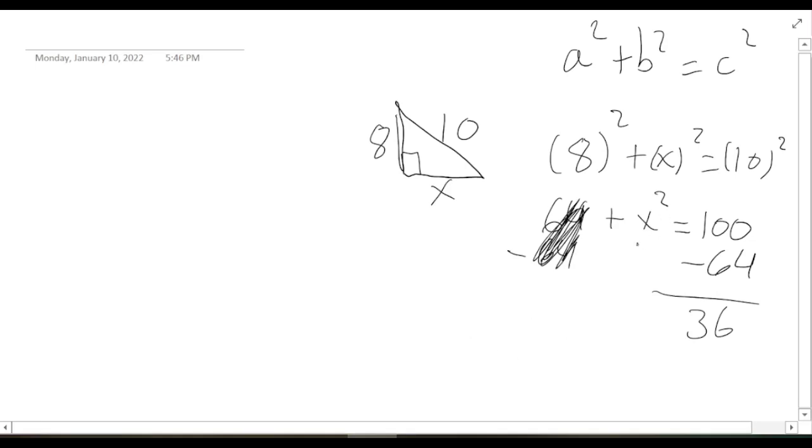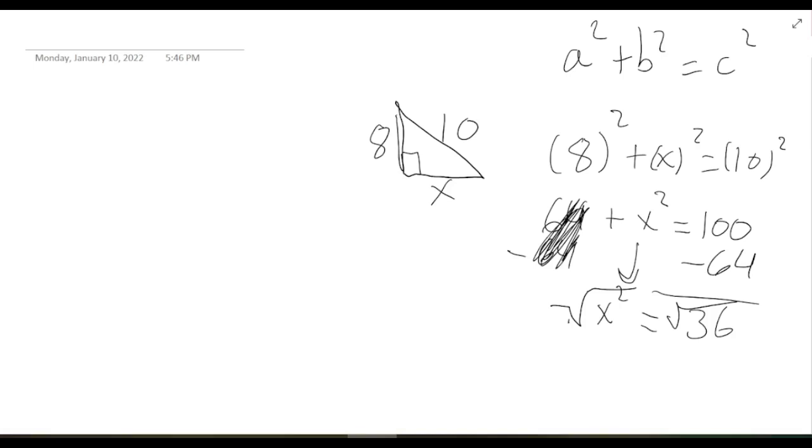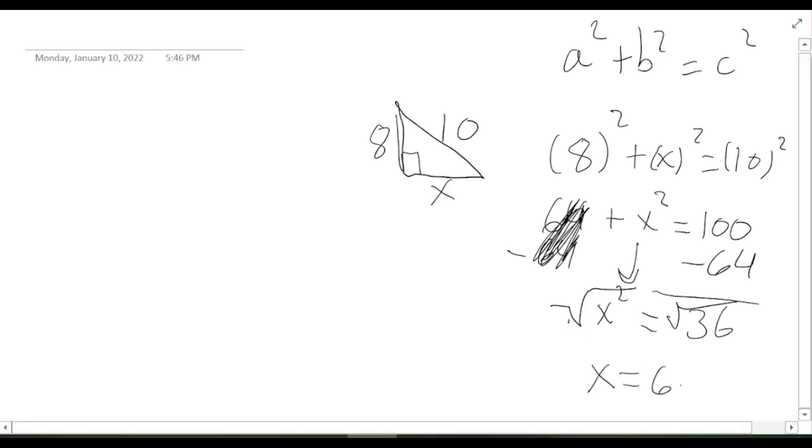So let's rewrite our equation. Let's bring down this x squared like that. Again, we want to find the square root to get rid of this exponent. So let's take the square root of x squared and the square root of 36. Now we ask ourselves, what number, when you multiply it by itself, gives you 36? And in this case, we would get 6, because 6 times 6 gives you 36.